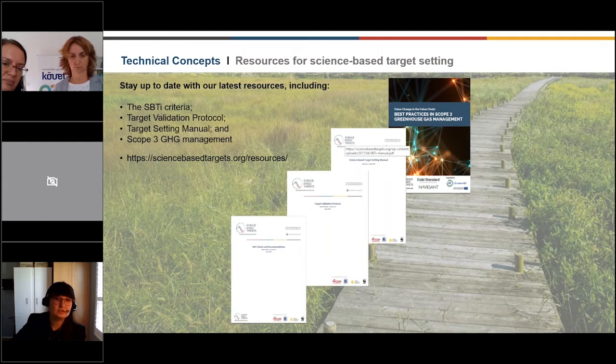And we also have a useful target setting manual that takes you through some broader topics that are of use to get internal buy-in and understand how to socialize and have a more granular understanding of how to approach this. And then for relevance to your value chain, we have a specific report on best practices in Scope 3 greenhouse gas management called Value Change in the Value Chain. Next slide, please.